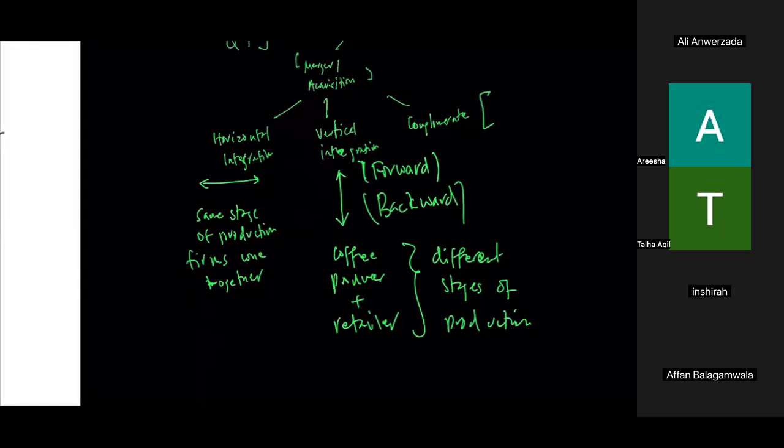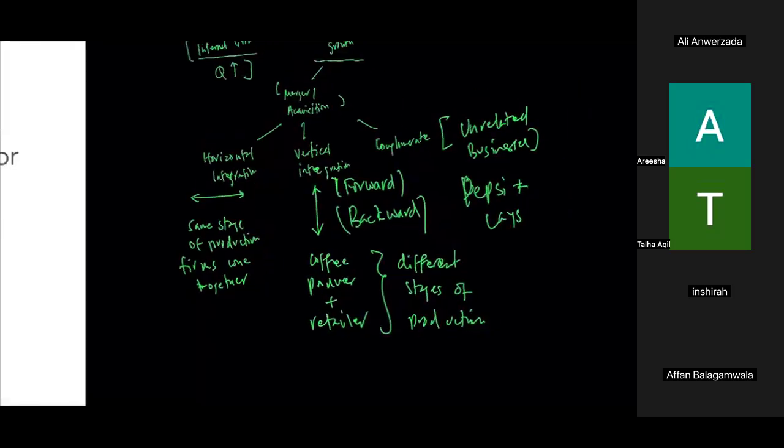What is a conglomerate? A conglomerate is when two firms come together which are completely unrelated businesses. Like for example, Pepsi and Lay's, for example, right?